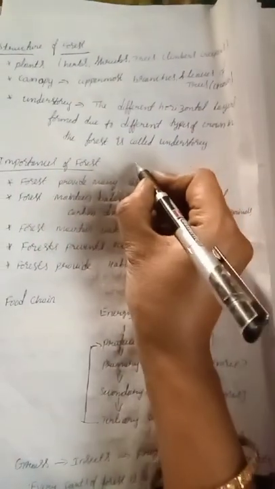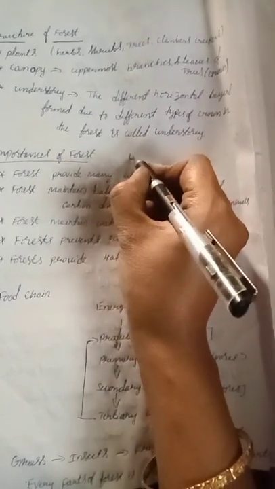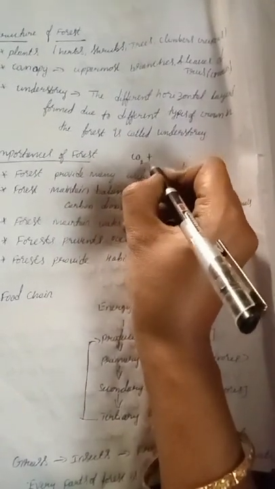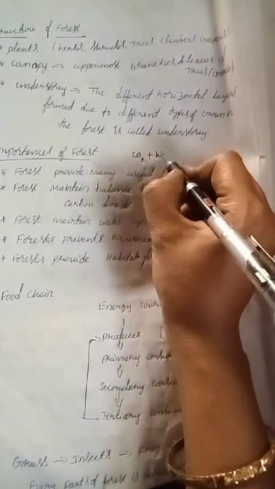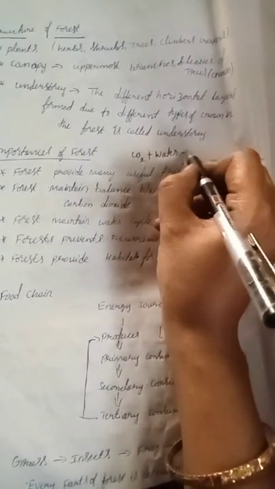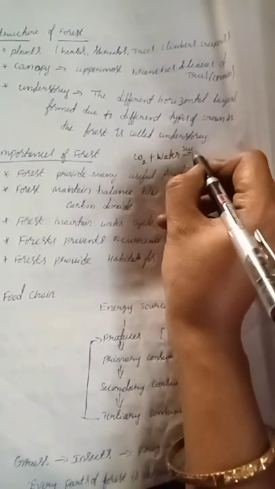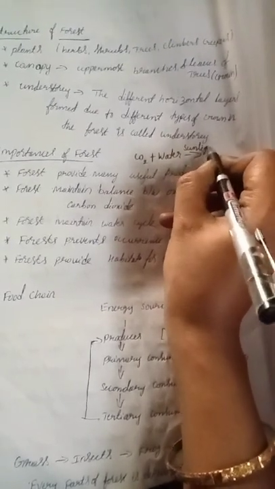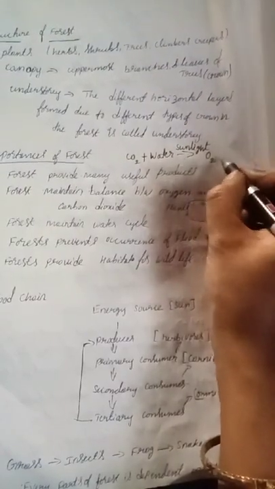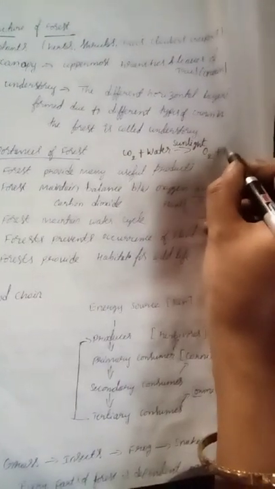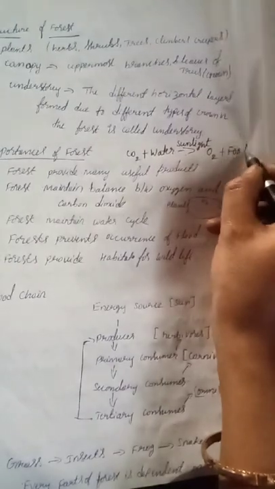In photosynthesis, plants take carbon dioxide, CO2 meaning carbon dioxide, and water, and in the presence of sunlight, they give out oxygen and a lot of energy in the form of food.